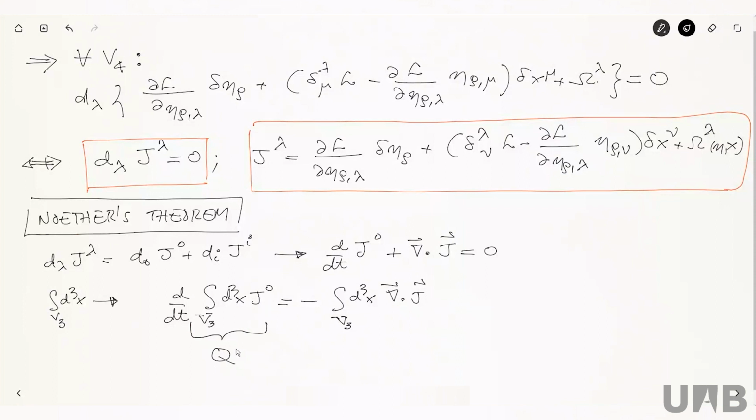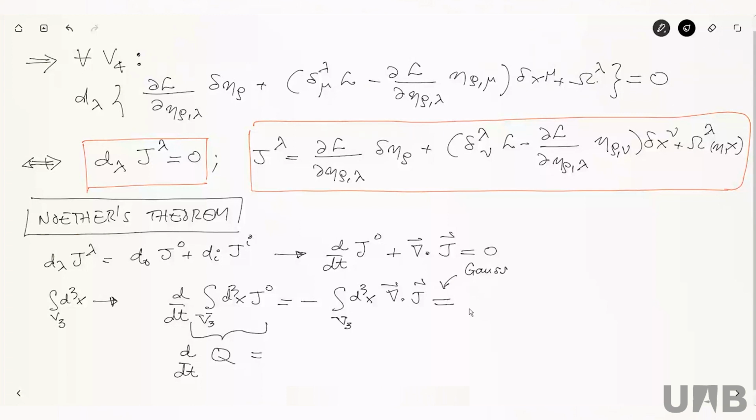Maybe I don't mean this thing to be electric charge. It could be whatever J0 is. When I integrate it, it's going to be the global charge of that charge density J0, whatever it is. It could be energy density, it could be whatever it is. So that's a global object after I integrate over the density of it, okay? So this is, therefore, the derivative with respect to t of that global charge equals this thing. But here I could use a famous theorem that I hope you guys remember, which is Gauss's theorem.